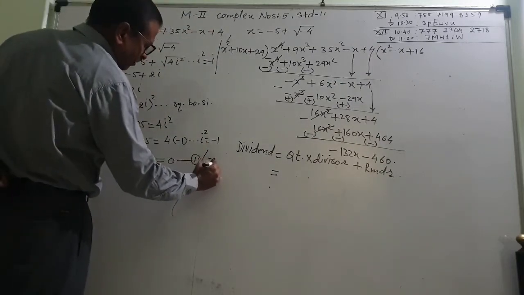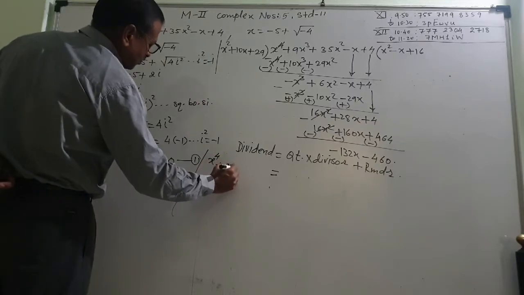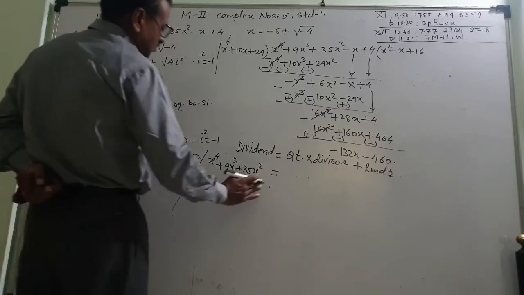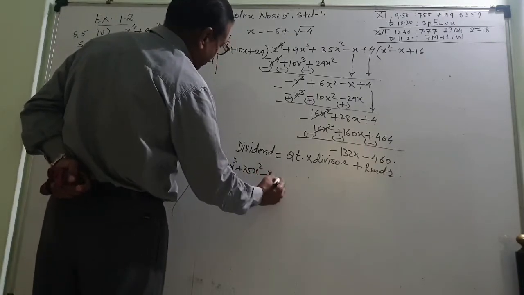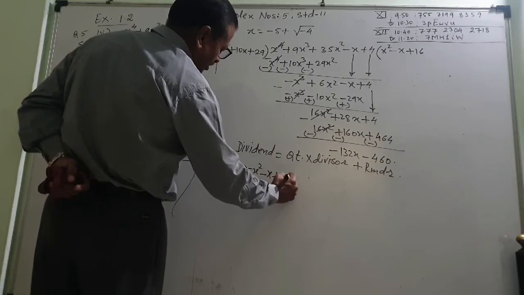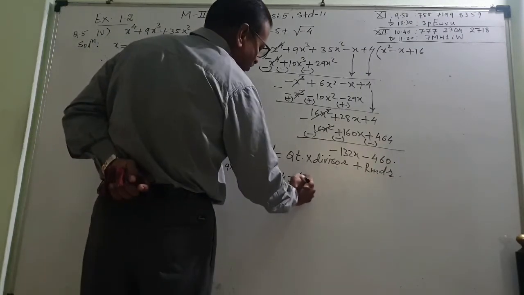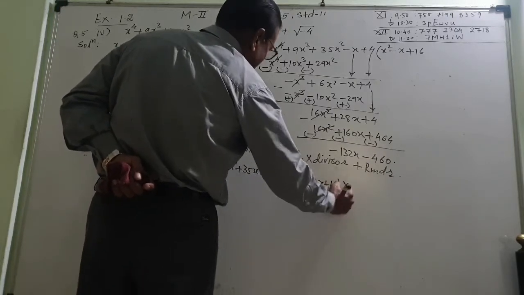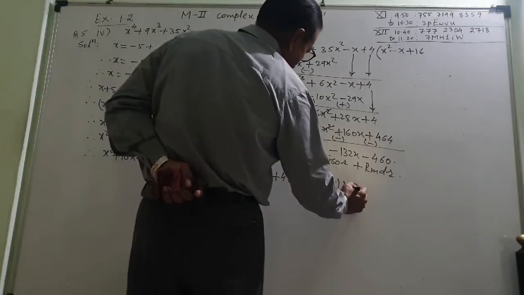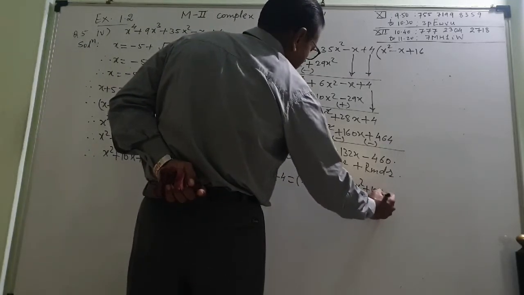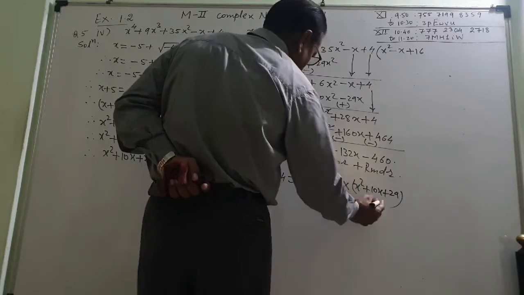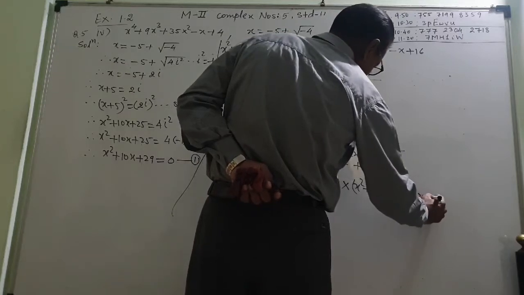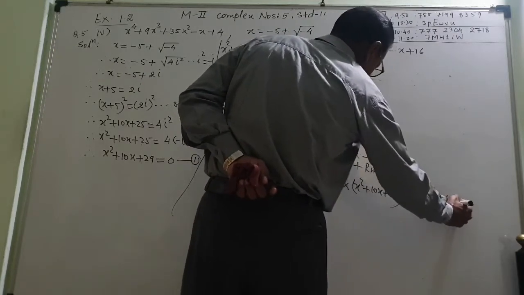So x raised to 4 plus 9x cube plus 35x square minus x plus 4 is equal to quotient x square minus x plus 16, divisor is this, x square plus 10x plus 29, and plus the remainder. Remainder is minus 132x minus 460.